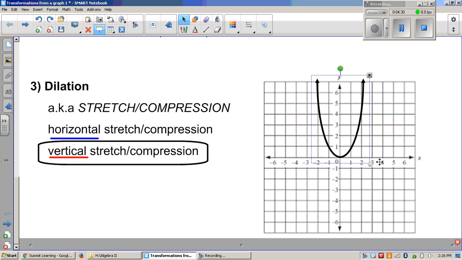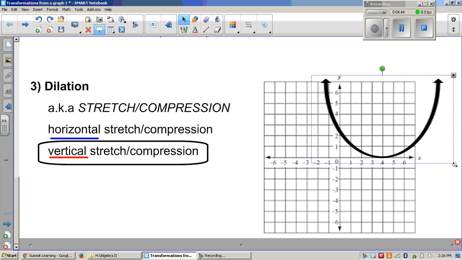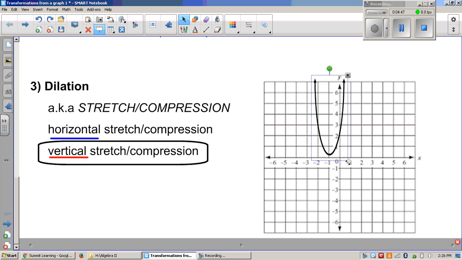Now I can do the same thing horizontally. I can grab this little gray thing here, and even though it takes it a second, there we go, and move it left, so this would be a horizontal compression. Move it right, horizontal stretch, compression, stretch.